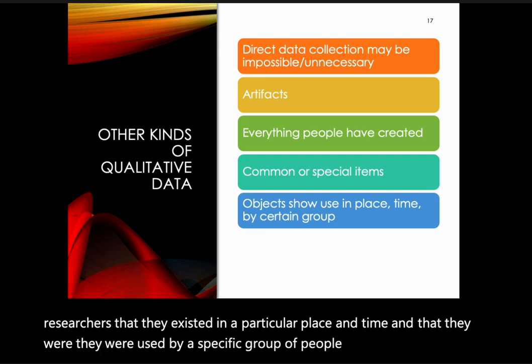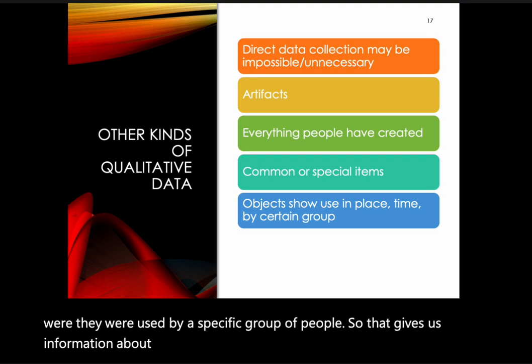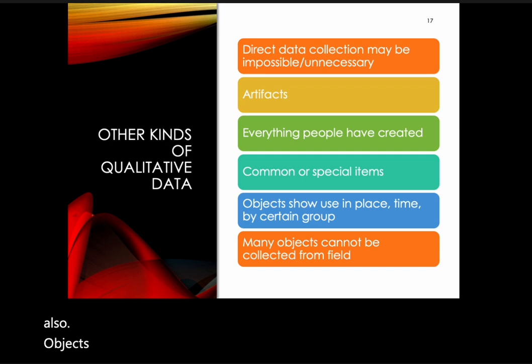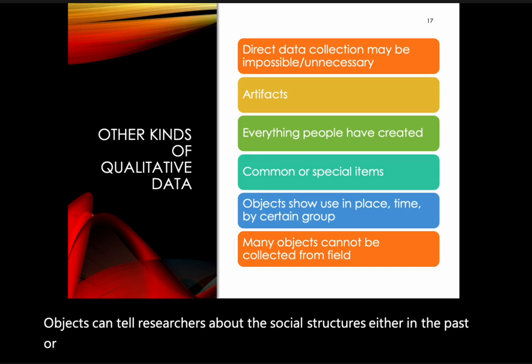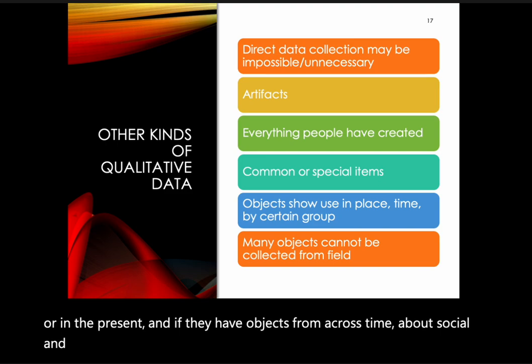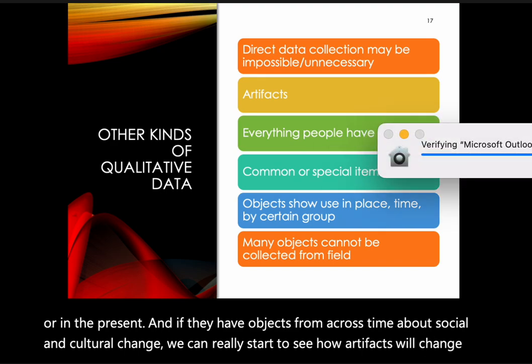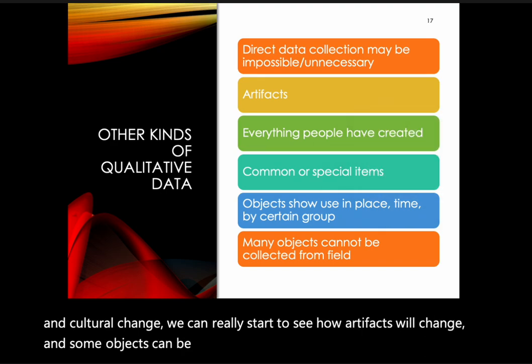So that gives us information about what purpose these artifacts serve for individuals. But also, objects can tell researchers about the social structures, either in the past or in the present. And if they have objects from across time about social and cultural change, we can really start to see how artifacts will change.